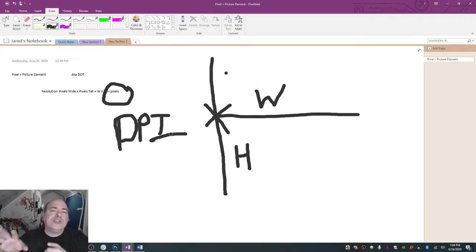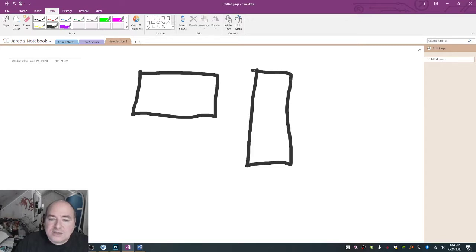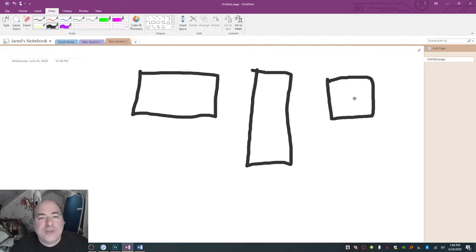Because to answer that question, you need another vocabulary term. Remember, rectangle is a vague term. Rectangle is extremely vague, right? Because a rectangle could be this, or a rectangle could be this. They're both rectangles. Now, if I were to come up with a perfect rectangle, that would be, ooh, look, that's a square. We have a special name for that. So what we're talking about here is a different term, and that term is called the aspect ratio.